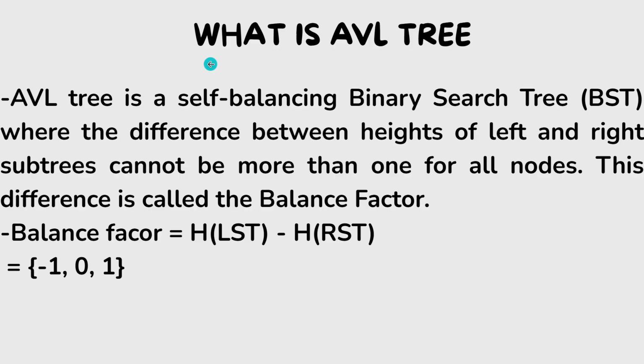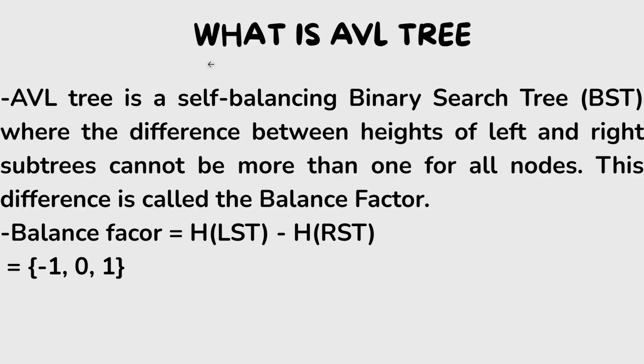Here we have the AVL tree. So what is an AVL tree? An AVL tree is a self-balancing binary search tree where the difference between the heights of the left and right subtrees cannot be more than 1 for all nodes. This difference is called the balance factor.